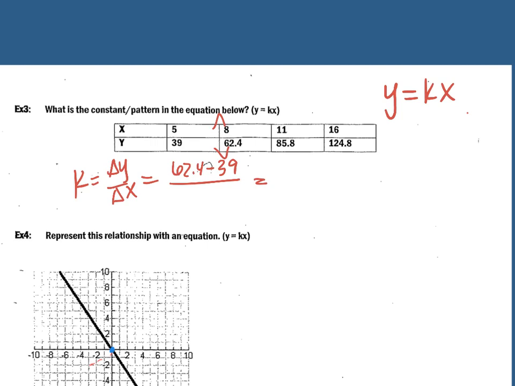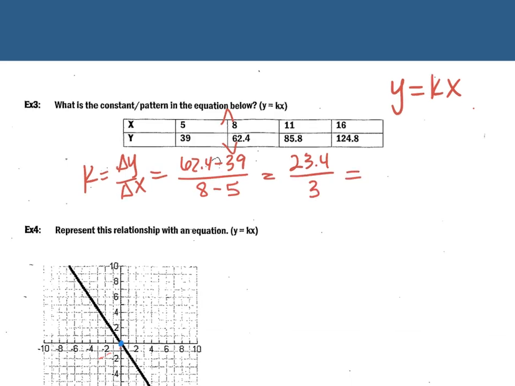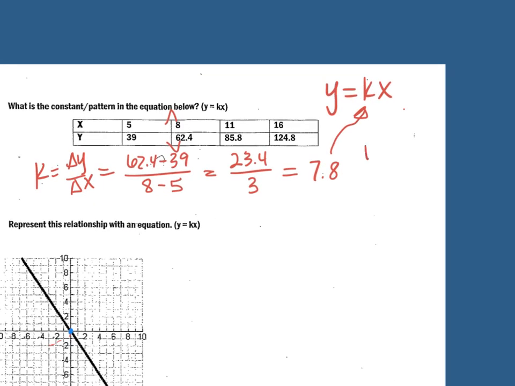And then our change in x, what is 8 minus 5? 23.4, and then 8 minus 5 is 3. 7.8. That's our K, or your M. So to write my full answer, I'm going to put y equals 7.8x. Okay?